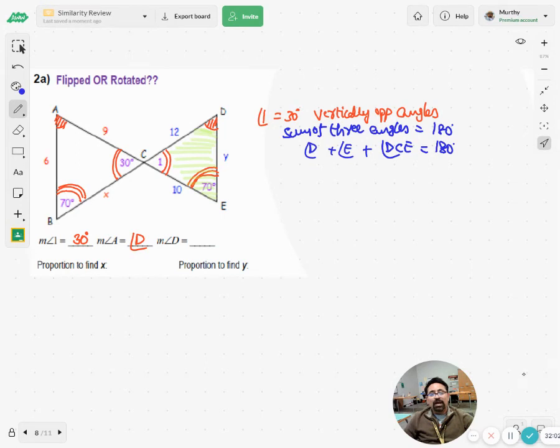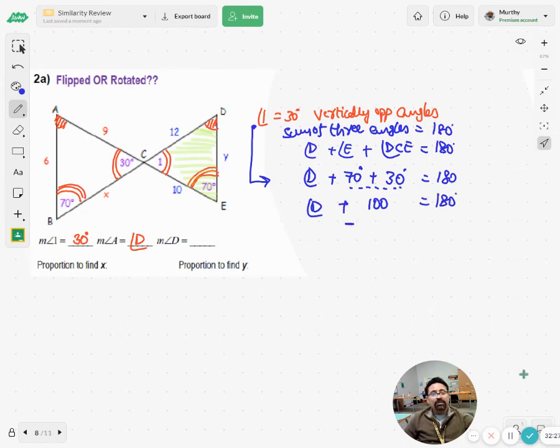Angle D, I don't know. Measure of E is given as 70 degrees. Measure of DCE, which we just computed, is 30 degrees. I see that 70 plus 30 makes 100 degrees.